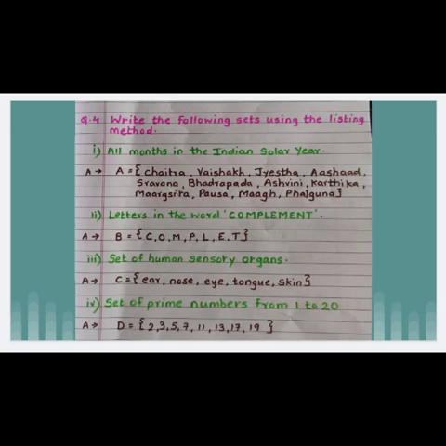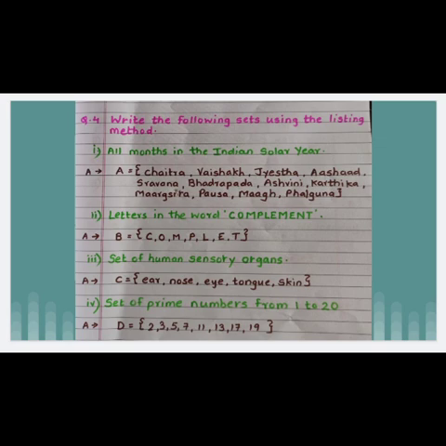Question 4. Write the following sets using the listing method. First one, all months in the Indian solar year. Listing method means roster form. To show the set, letter capital A we use here, curly bracket open.